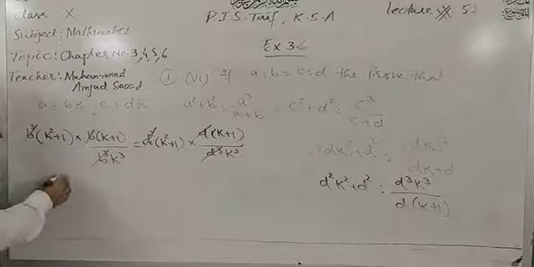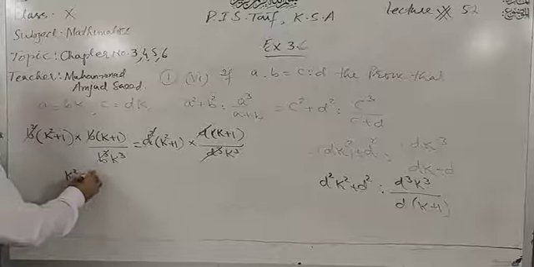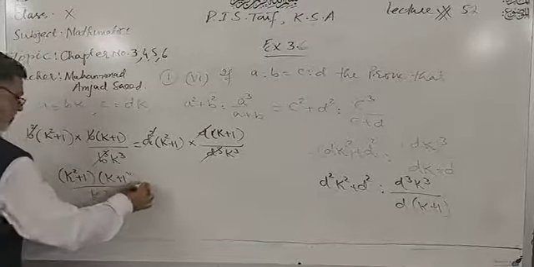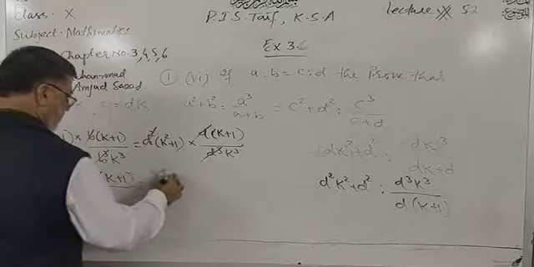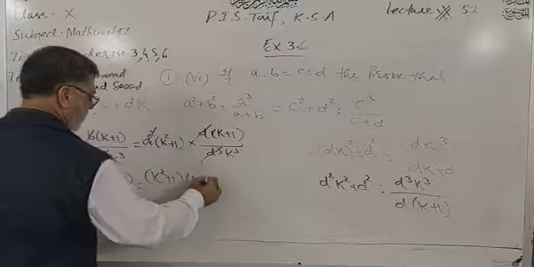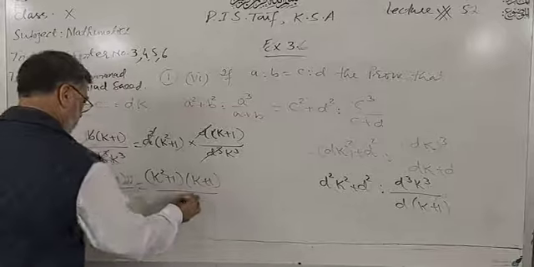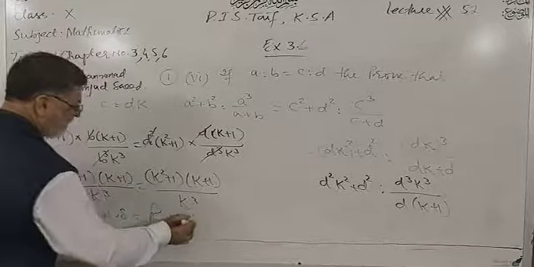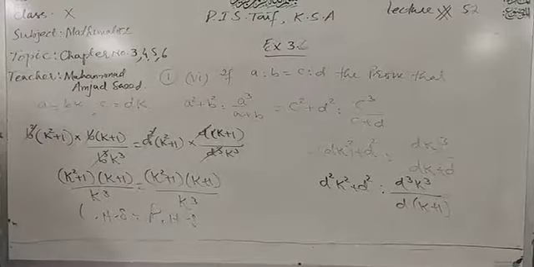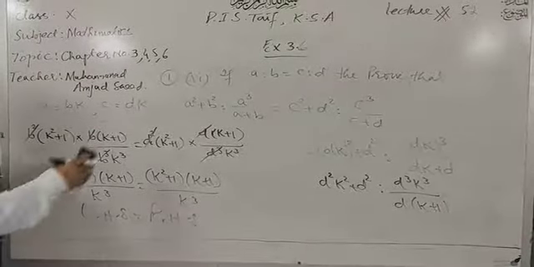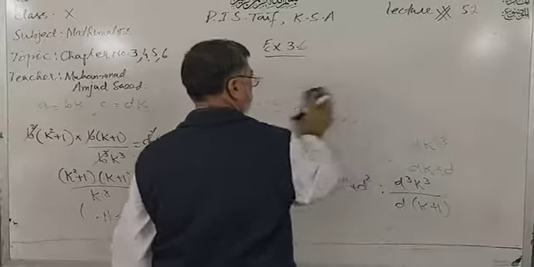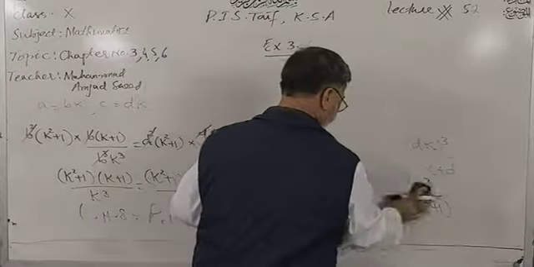And we are left with k square plus 1, k plus 1 over k cube on both sides. So left hand side is equal to right hand side. This is known as the K method. Dear students, I hope that you understood this question.